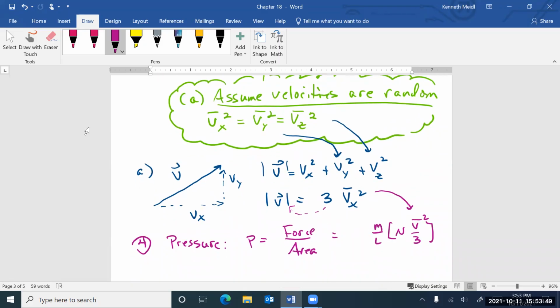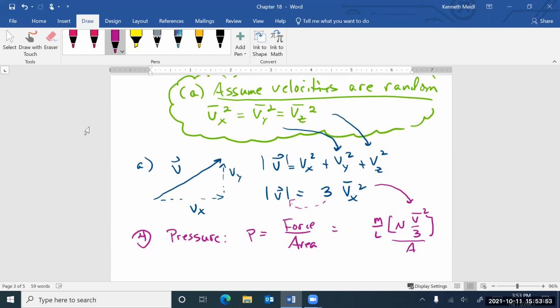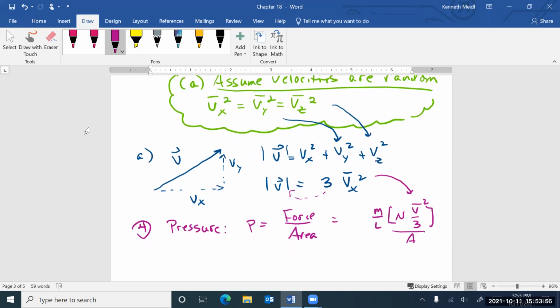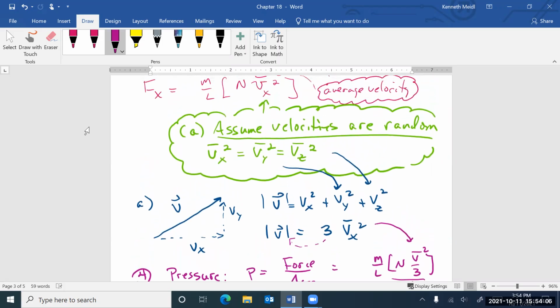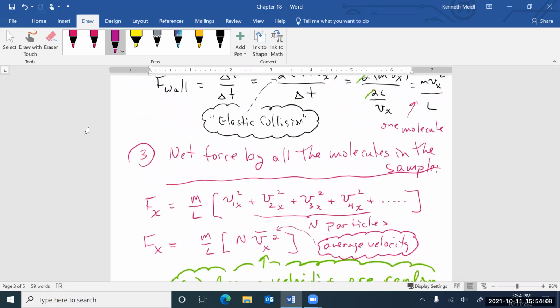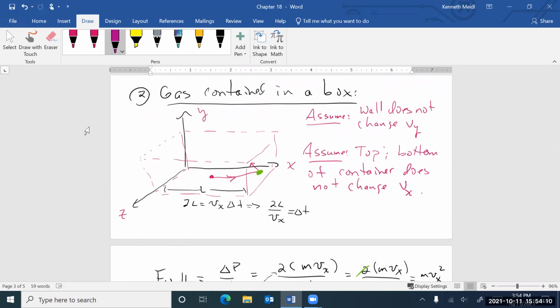And then I still have the area down here, so don't forget the area. Okay, so when you take a look at that, you start wondering, did you really make things any better here at all? But maybe so, because what area are we talking about here? Well, when I go back here, I'm just considering what's happening on this wall right here.